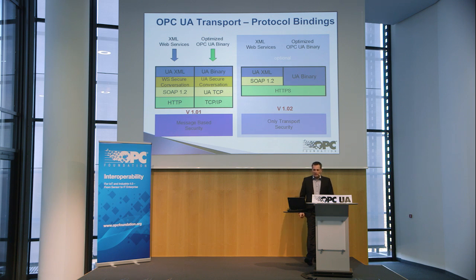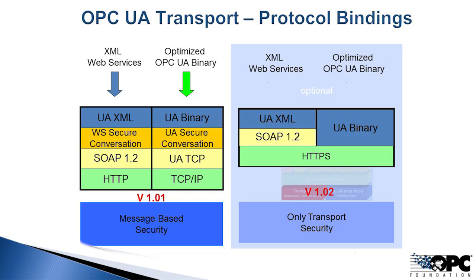And then there's another one with SOAP and XML encoding. But those are optional. The mandatory one is the green one. That is in every OPC UA component, must be implemented, the optimized binary protocol. And as you can see, because of this layered architecture separating the transport from the security and from the encoding, all these different layers can be exchanged and enhanced over time.